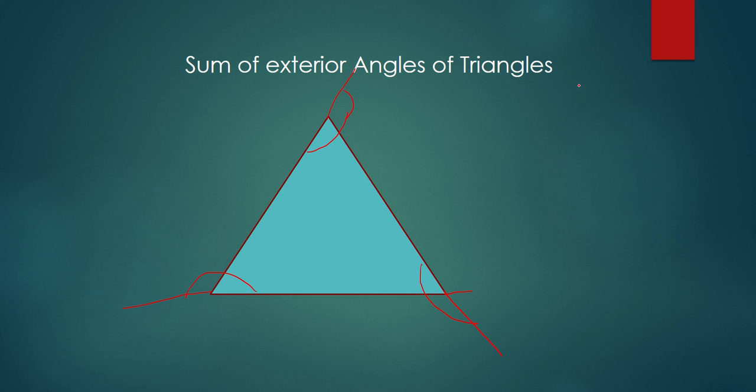So if I take these out, you can see that each exterior angle is making a circle, and you know that angles at a point or angles in a circle are 360. So there are 360 degrees in a circle, and all the exterior angles are making a circle: 120, 120, 120. Isn't it interesting?